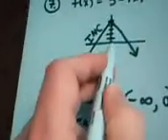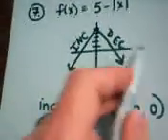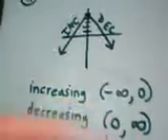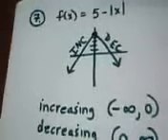Now remember, when we're scanning, we scan along the x. And as I go from 0 to positive infinity, my graph is decreasing. Remember not to use brackets on increasing or decreasing. And of course, this graph is never constant.